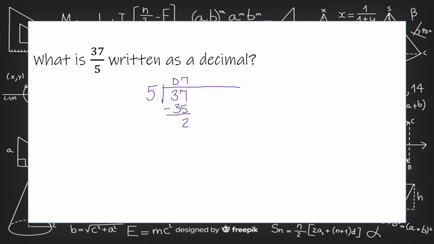Well, I need a 0 to bring down, so I can add a 0 after a decimal, as long as I bring that decimal straight up. 5 goes into 20 4 times. Okay, so that is 7.4. So 37/5 as a decimal is the same as 7 4/10.